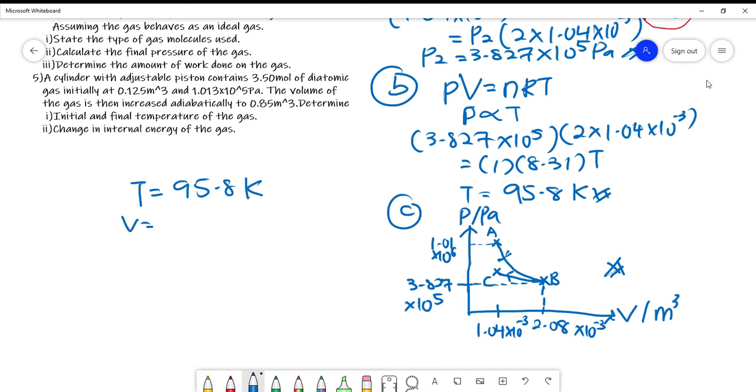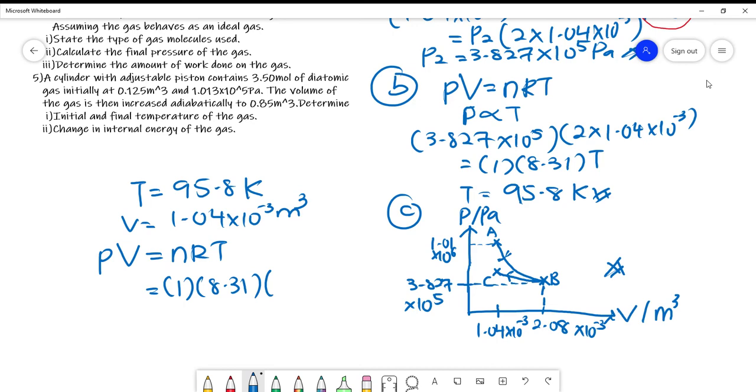My V is 1.04 times 10 to the power of negative 3 meter cube, and PV is equal to nRT. My R is 8.31, and my T is 95.8, since it is constant temperature.